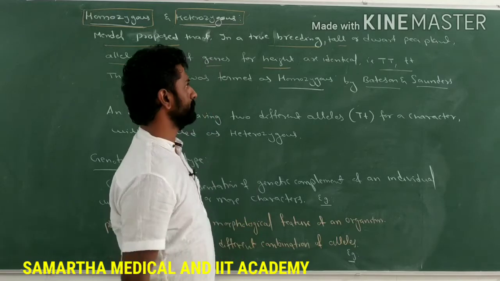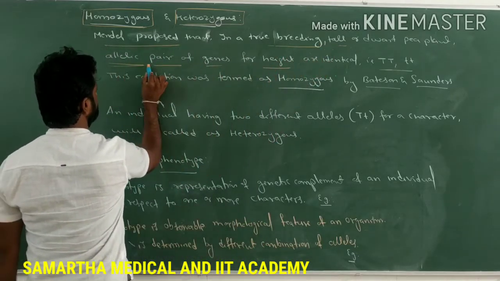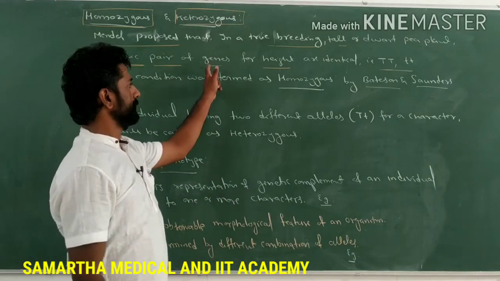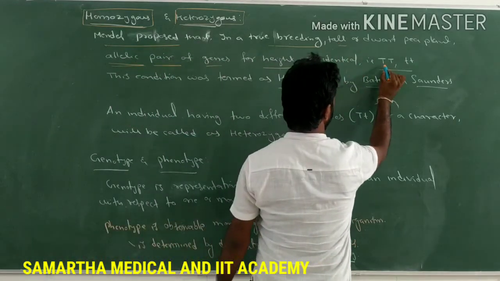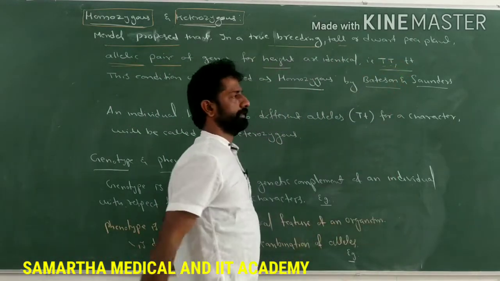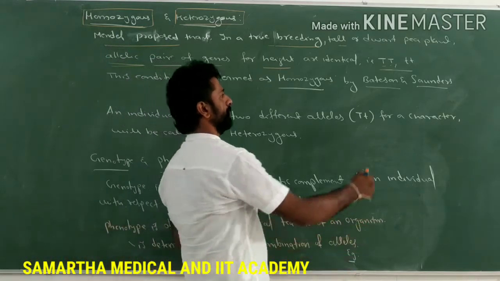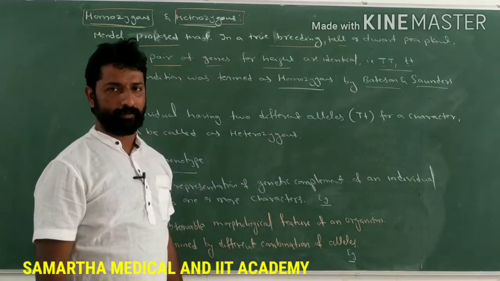Here, in that true breeding tall pea plant, the allelic pair of genes will be identical. Means for tallness, two identical genes or alleles are present. For dwarfness, two identical genes or alleles are present.